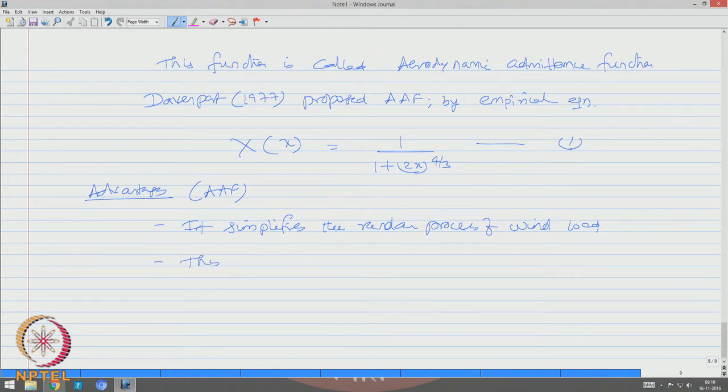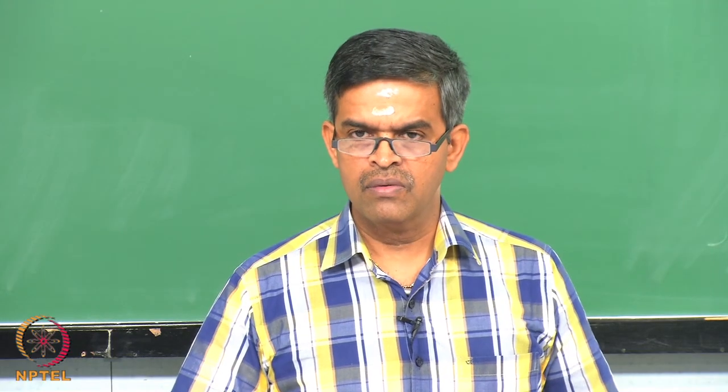Two, this function can be estimated, I should say rather computed, to a significantly better accuracy experimentally. So, use of the aerodynamic admittance function converts the complexities in random process of wind loading to somewhat more or less a simple problem of a deterministic load.